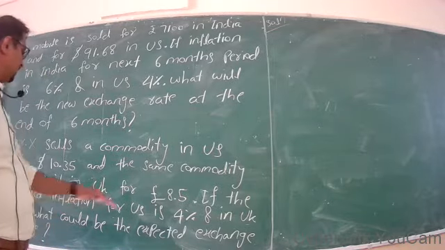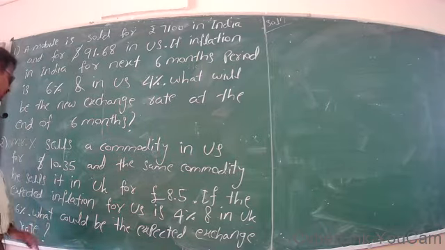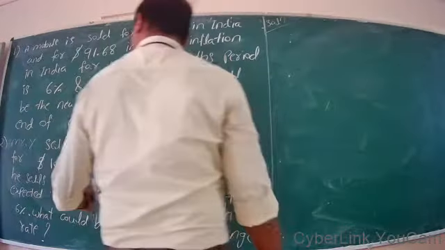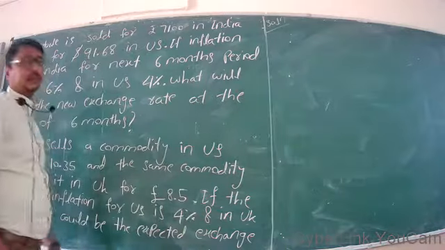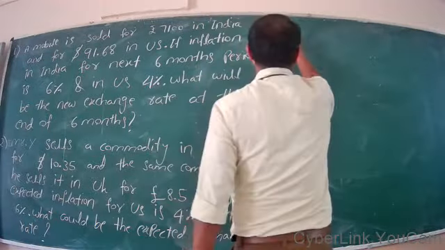If the expected inflation for the US is 4% and in the UK 6%, what could be the exchange rate after a certain period of time? To calculate this, we need to identify which one is the home country and which one is the home currency.